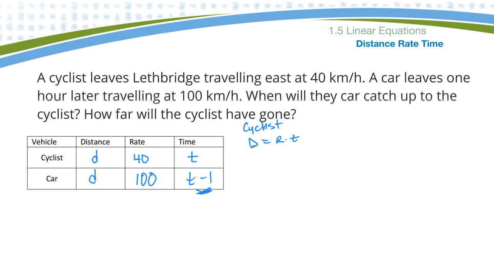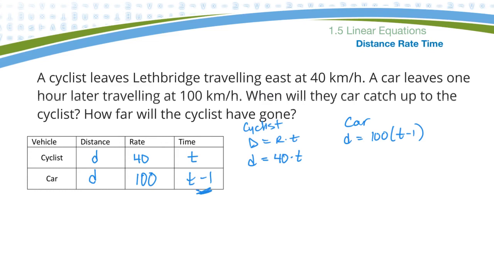So for the cyclist, d is equal to 40 times t. Okay, let's do the car. So the car would be d is equal to 100 times t minus 1.